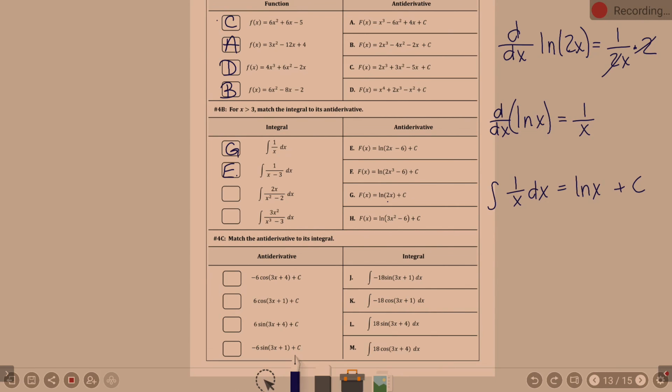If we're doing the derivative of natural log of 2x minus 6, the derivative of natural log of something is 1 over something times the derivative of something. What's the derivative of 2x minus 6? 2. Does that really work? Yes, because what do you know about 2x minus 6? That's 2 times x minus 3, isn't it? So the 2's cancel, and you have the 1 over x minus 3.